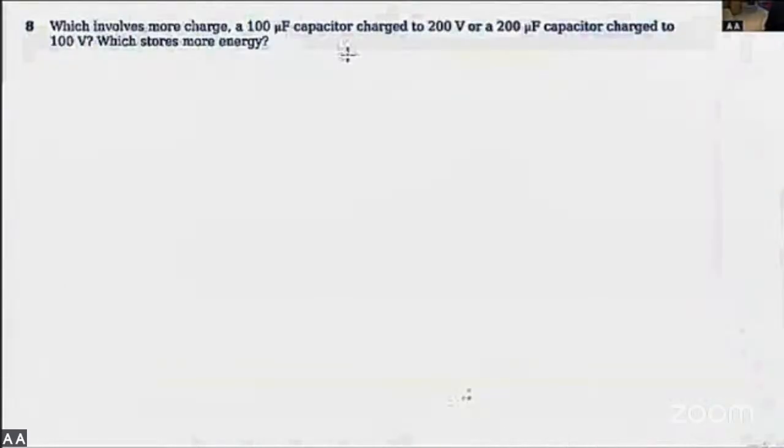Next, which involves more charge: a 100 microfarad capacitor charged to 200 volt, or a 200 microfarad capacitor charged to 100 volt. They ask which one has the greater charge when charged up to the given voltage.